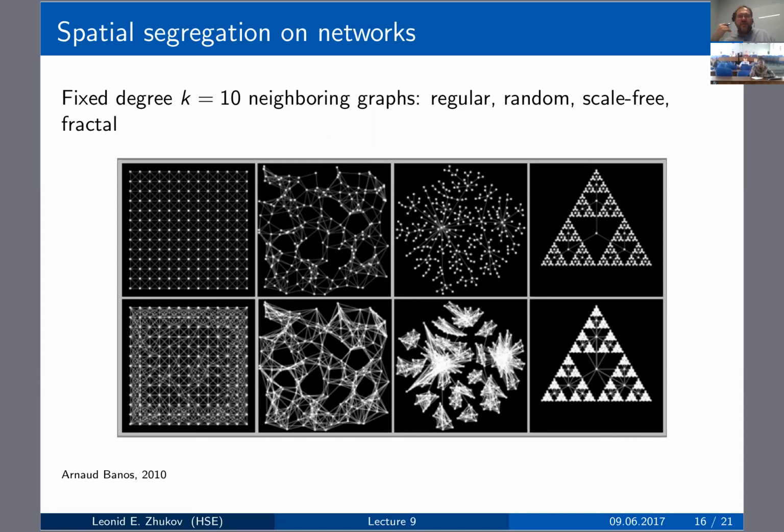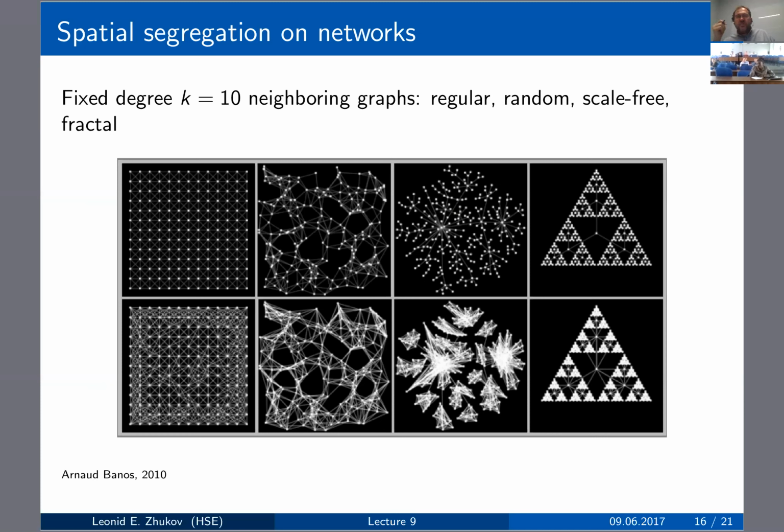And here is an example where authors took different graphs with a fixed number of neighbors. They just said, okay, let's look at the same number of neighbors for every node, but let's look at different graph types, and see if segregation happens on the graphs depending on the different connectivity pattern. Remember, when we talked about, for example, virus and epidemic propagation on a graph, the way things are connected actually played a significant role in the propagation of infection, how fast it propagates.